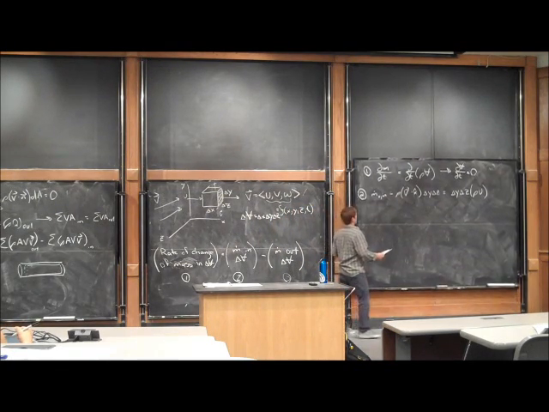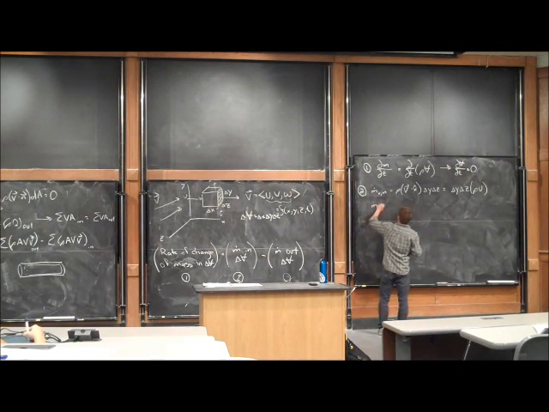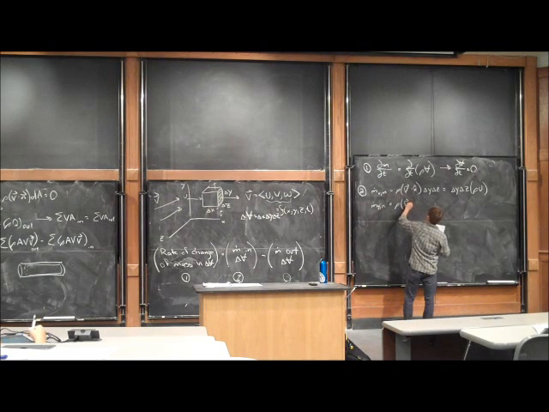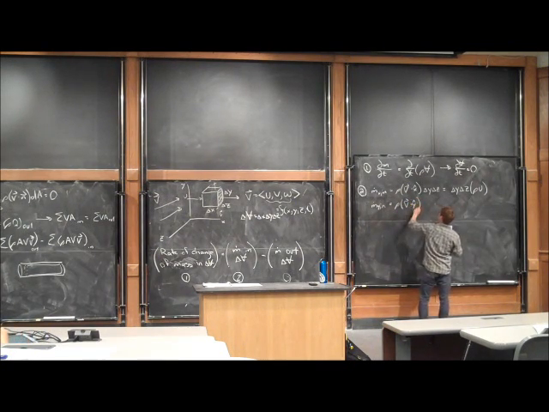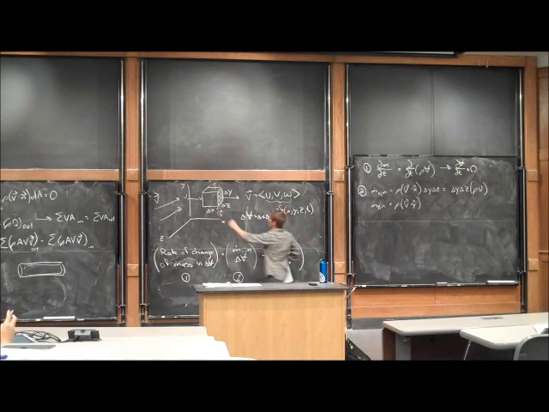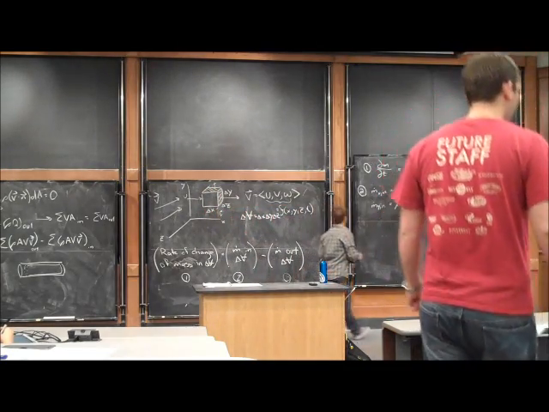Similarly, you can define the mass flow in the y and z directions. Those are going to be rho times V dot y hat times the area through which the y-direction flow goes, which is delta x, delta z.